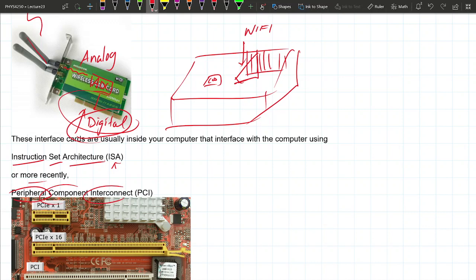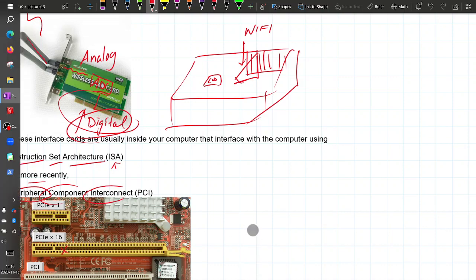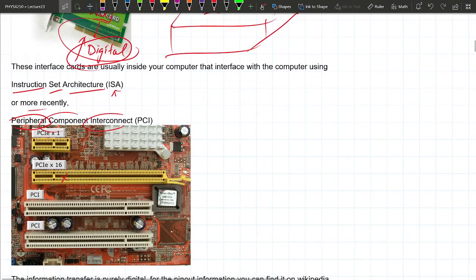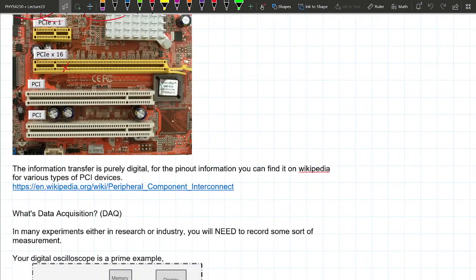And the idea is that these interfaces are digital systems, so it only receives ones and zeros. You cannot plug your function generator into it and have it read out the signal. It has to do this analog to digital conversion first. So this information transfer is purely digital, right?